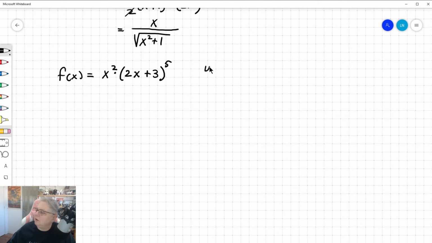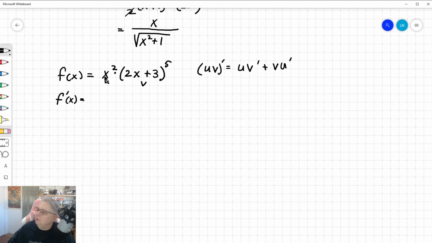So I'm going to do what we've been doing, and I'm going to write down our product rule. uv prime is u v prime plus v u prime. I'll label here u and v. Now I'm going to write out the product rule, but I'm going to do it in steps like we did when we first learned the product rule.